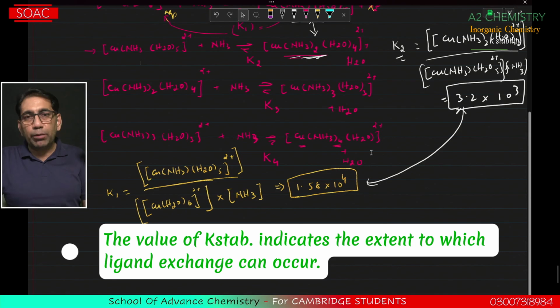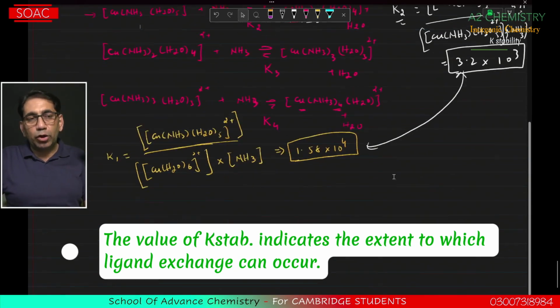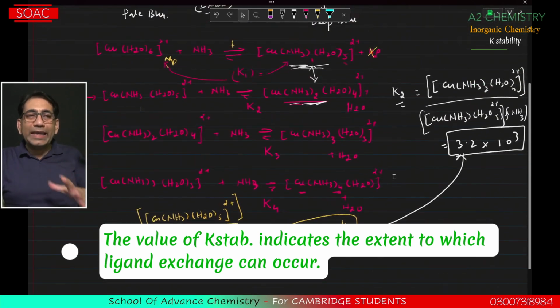This is the final complex. As far as the copper complex with ammonia is concerned, this is the least stable, but still a stable complex. Beyond this level, there will be less stability of the complex. So we can easily introduce only 4 ammonia ligands.